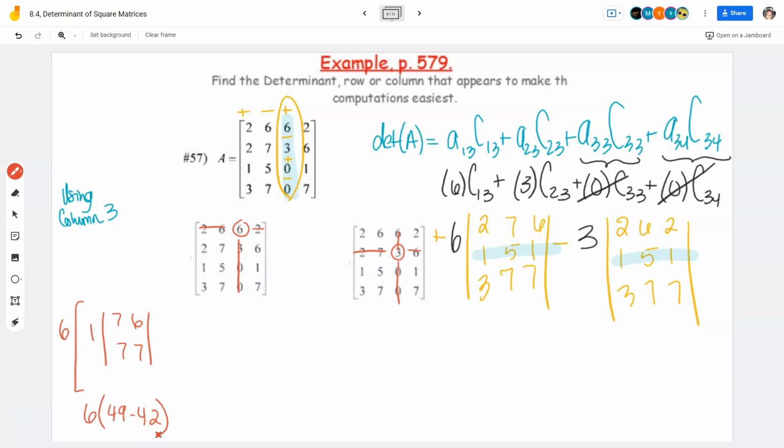Let's see, hold on, but that would be plus, minus, plus, minus. So I would have a little negative in front of that.